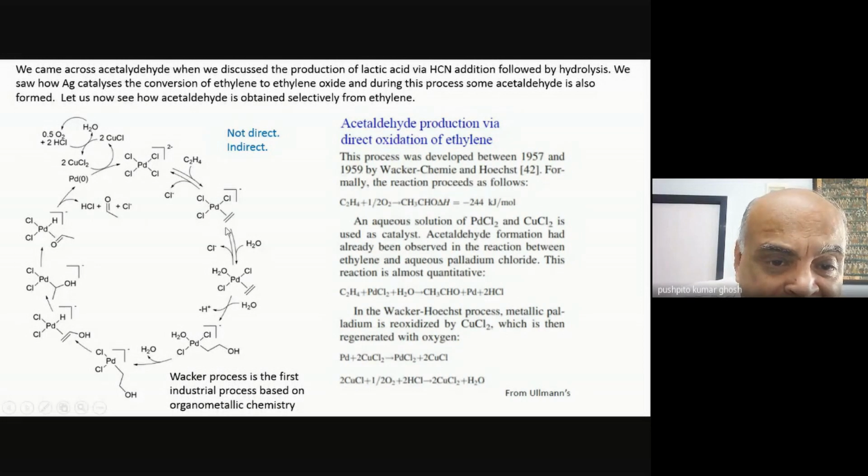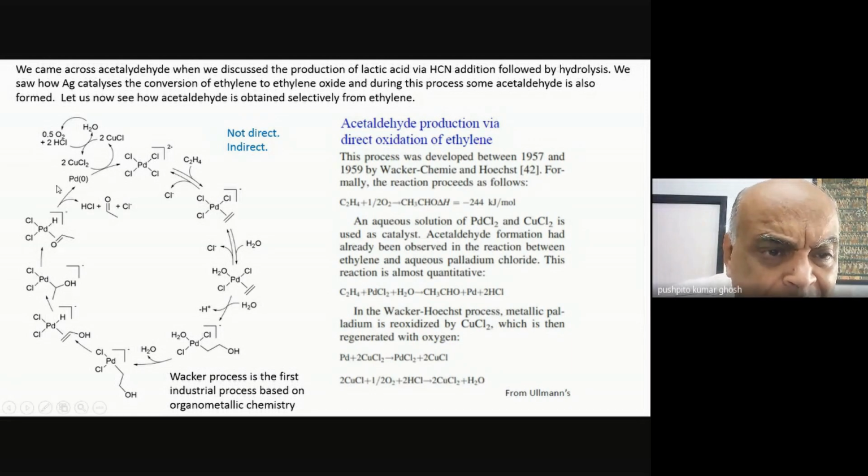You can trace this whole process, and what you'll find is that the palladium, which initially is in the palladium +2 state, gets reduced to palladium 0. Naturally, if ethylene is getting oxidized to acetaldehyde, then obviously palladium must get reduced from palladium 2 to palladium metal.